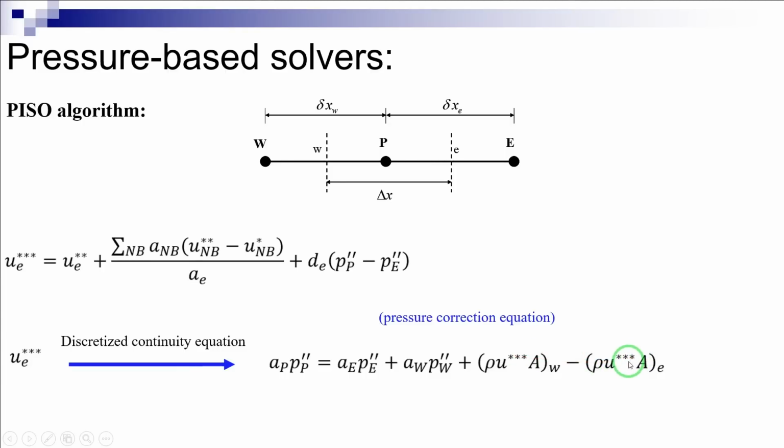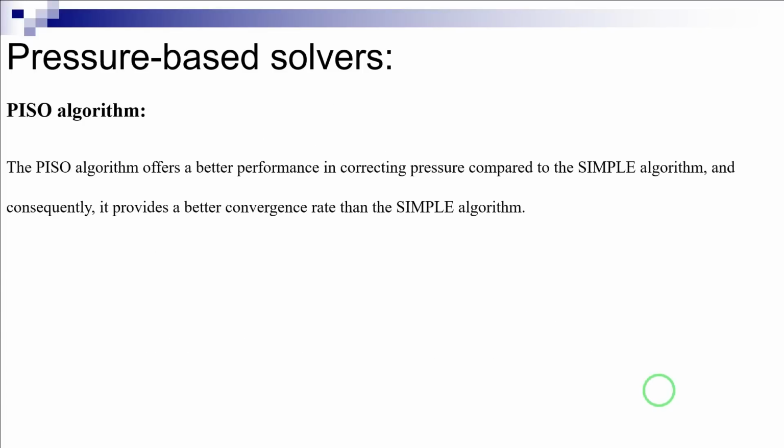Therefore, as we are using additional correctors and also including the effect of the velocity values of the neighboring cells in these additional corrections, the PISO algorithm offers a better performance in correcting pressure compared to the SIMPLE algorithm, and consequently it provides a better convergence rate than the SIMPLE algorithm.